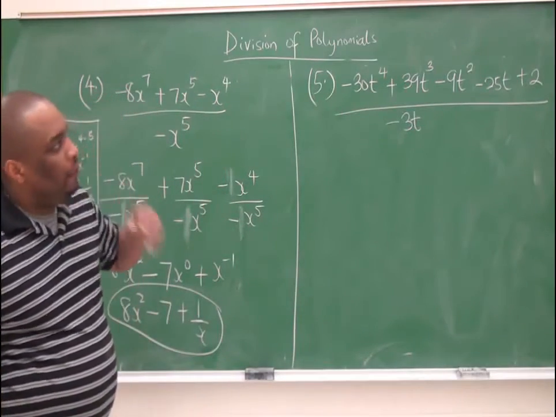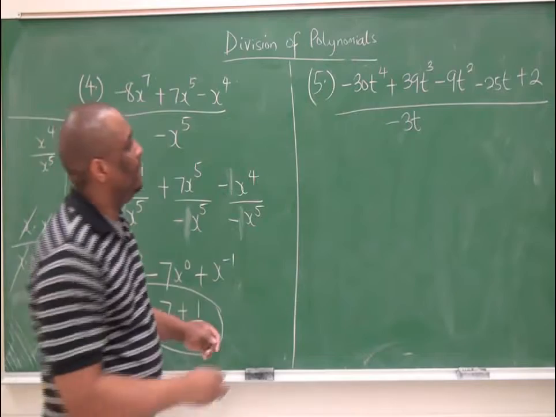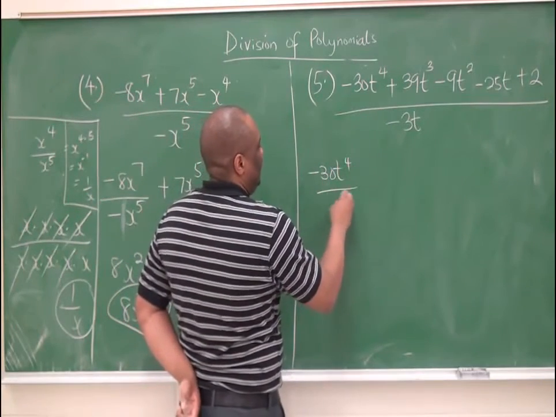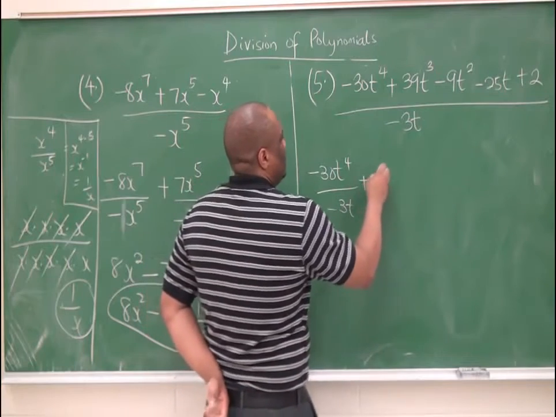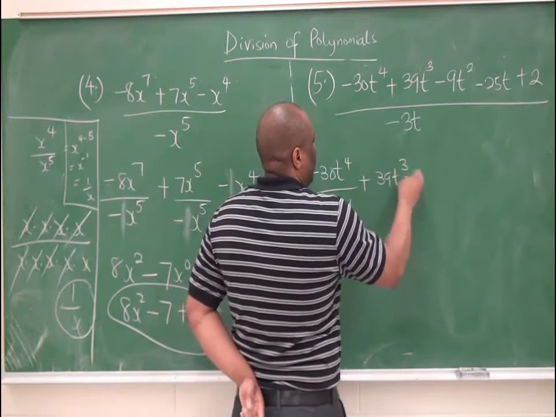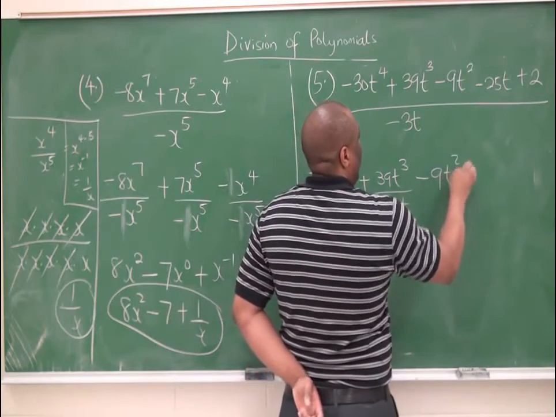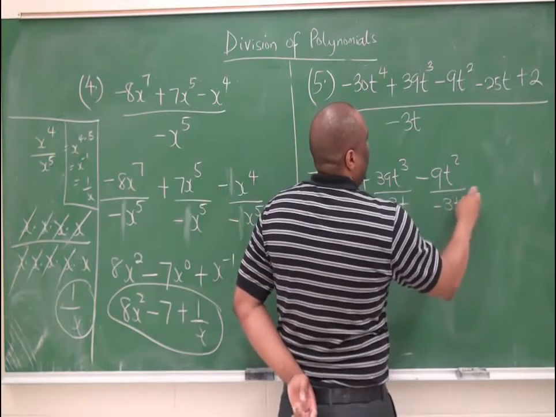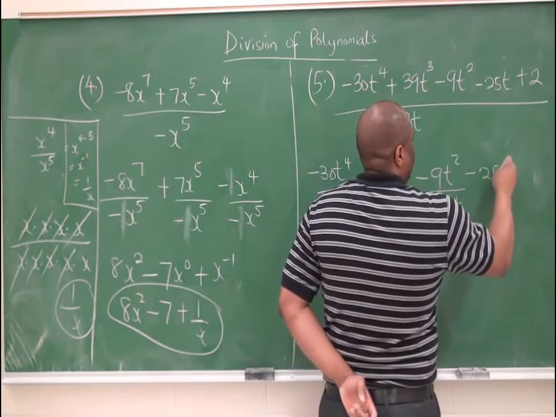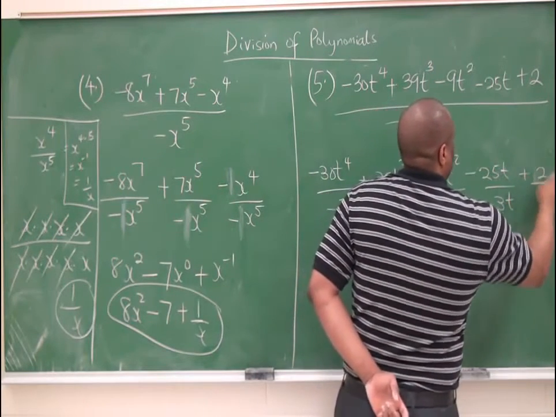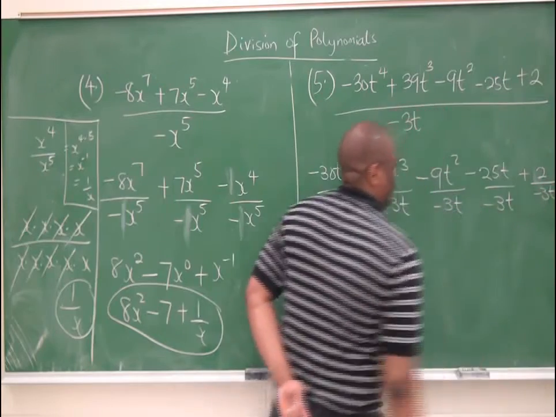So we just do it step by step. So this is negative 30t to the 4 over negative 3t plus 39t cubed over negative 3t minus 9t squared over negative 3t minus 25t over negative 3t plus 2 over negative 3t.